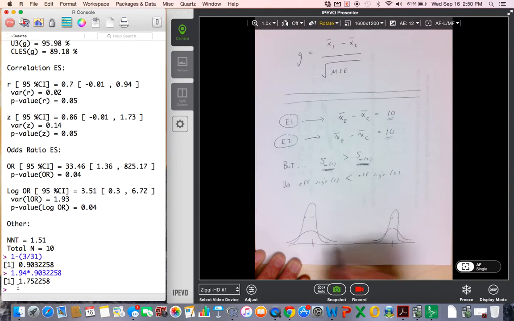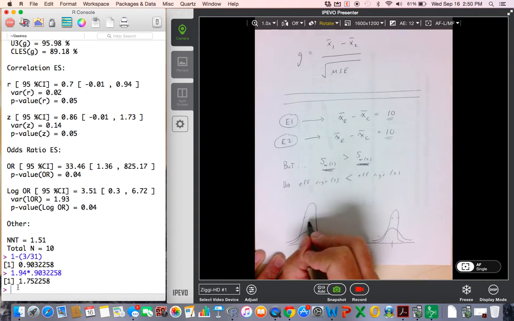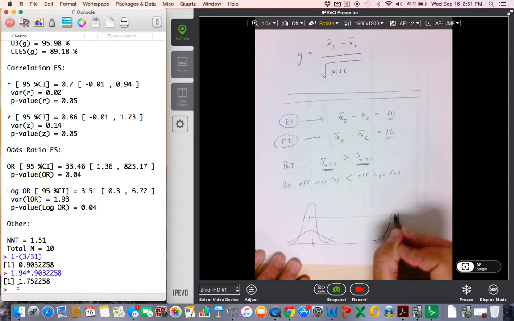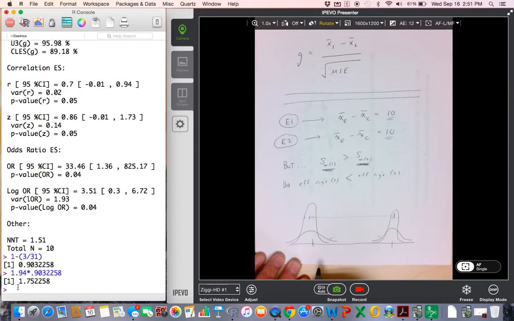But because there's more variation in these distributions, there's going to be more overlap. So our effect size will be lower here than it would be to examine this mean difference, for rather obvious reasons.